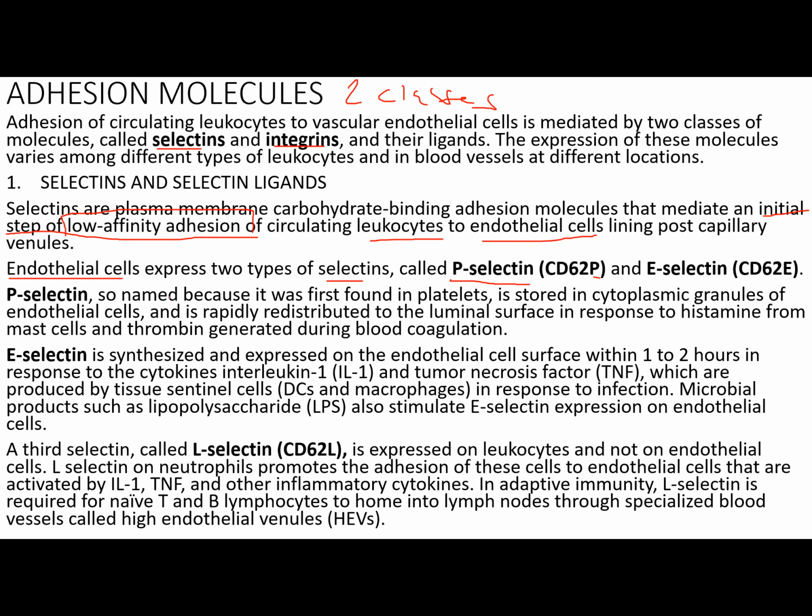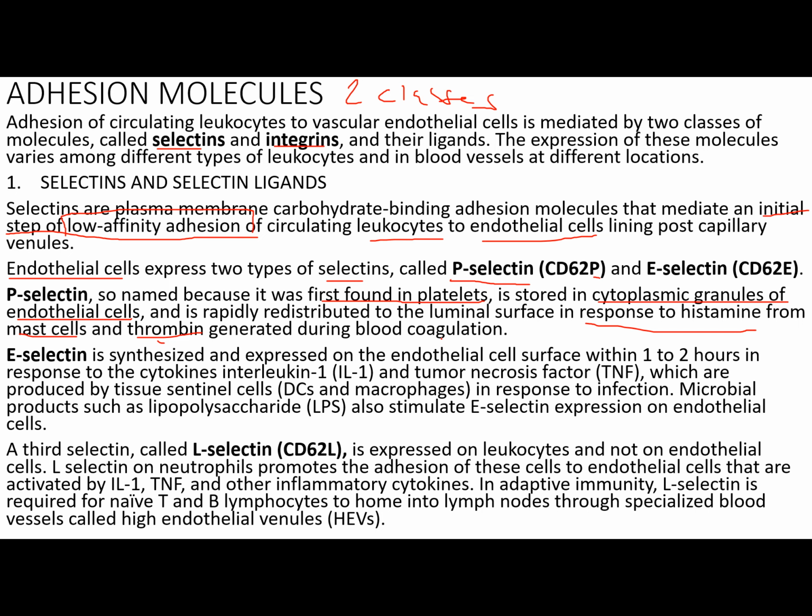Now, P-selectin, class, was so named because it was first found in platelets. This is stored in the cytoplasmic granule of endothelial cell and is rapidly redistributed to the luminal surface in response to histamine. It is released when the surface detects histamine from mast cell and thrombin generated during blood coagulation.